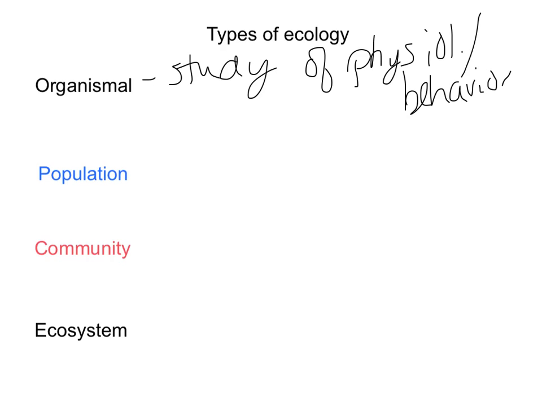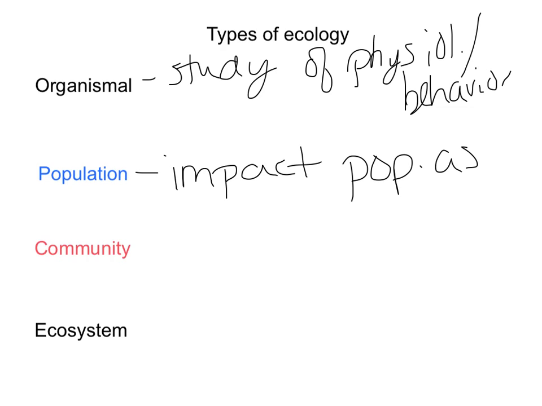Population ecology is when you're looking at the factors that are impacting the population as a whole, not just one particular organism. We looked at those more in your freshman year. We looked at more population ecology.